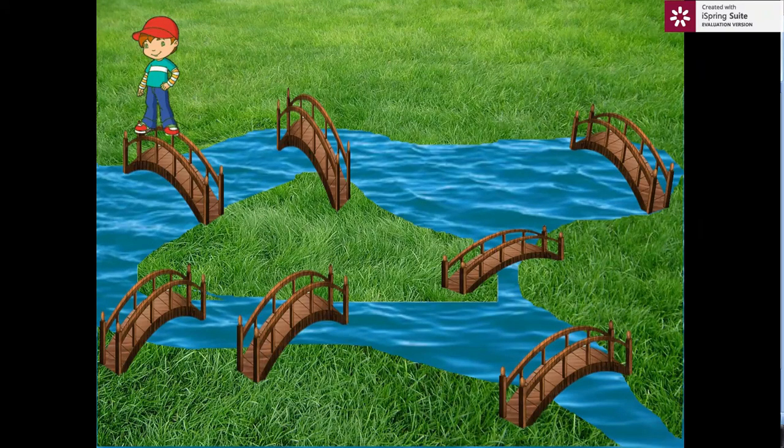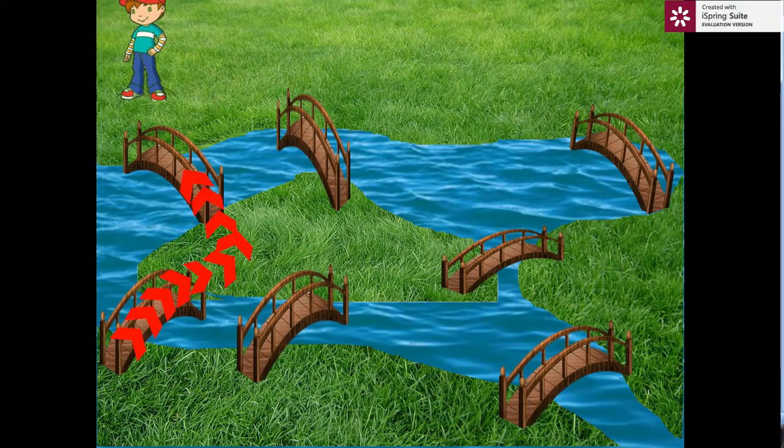Let him try. No, 2 bridges are twice used and 1 is not used.